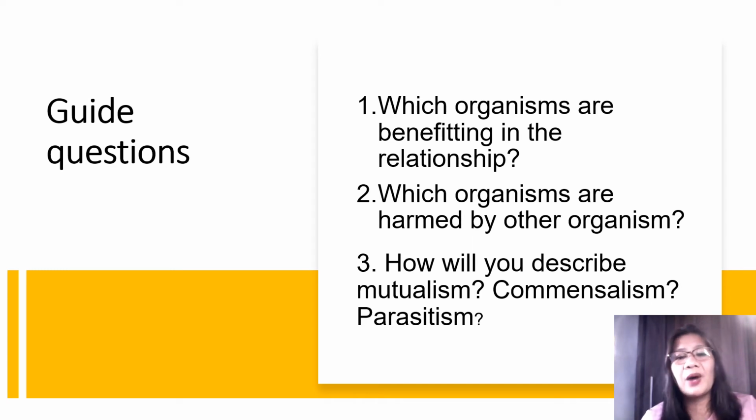How will you describe mutualism, commensalism, and parasitism? Again, you may write your answer in the chat box, in our comment section, or in your notebook. Then take a picture of it and send it to our group chat, so that everyone can interact.